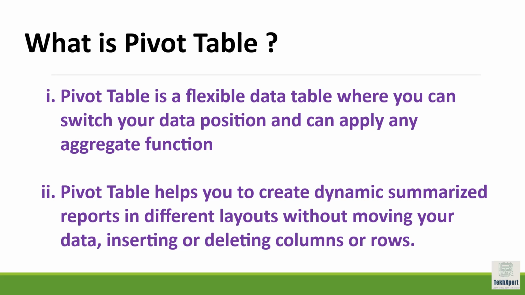But pivot table offers you to change the position of your data between rows to columns or columns to rows without any struggle, and you can also apply the aggregate functions on both sides. So it would be like a matrix reporting or a cross tab reporting which is offered by pivot table.